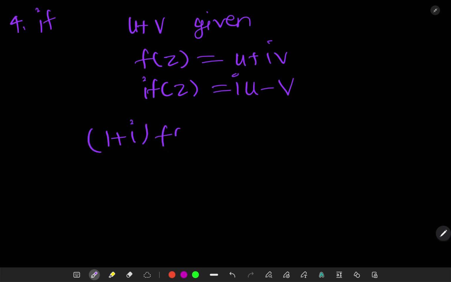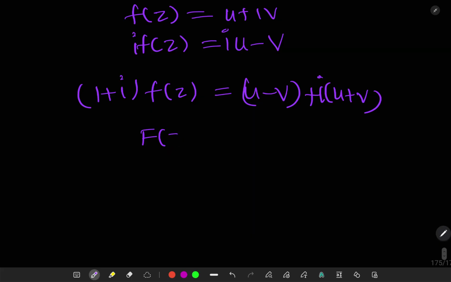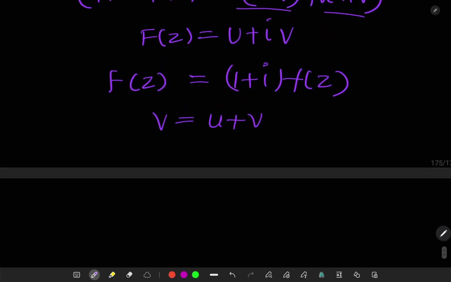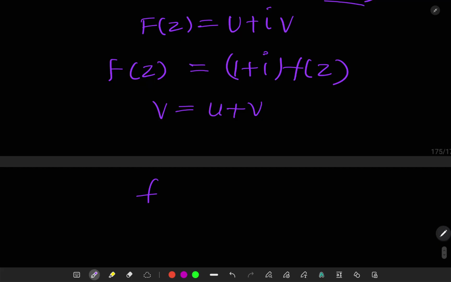We can write this value again, and similarly capital F of z is equal to U plus iota V. This term is capital U and this term is capital V. So we can write here capital F of z is equal to 1 plus iota small f of z. Here U plus V is given in this case. So we can find the value of f of z is equal to capital F of z divided by 1 plus iota.